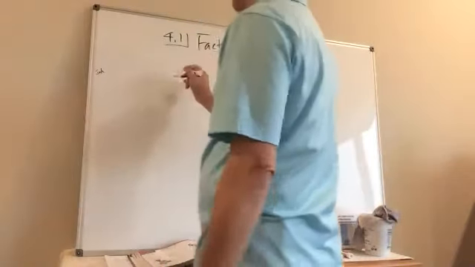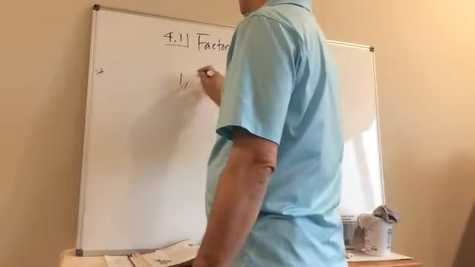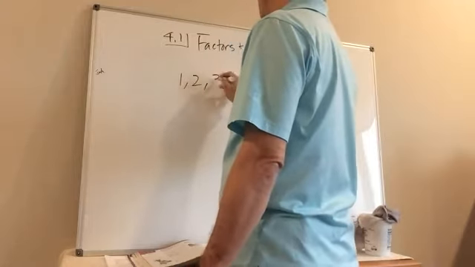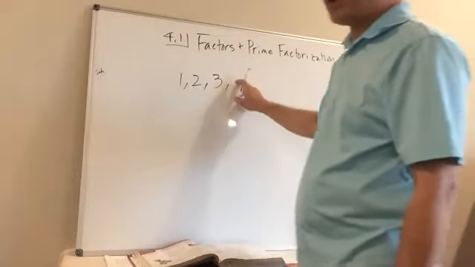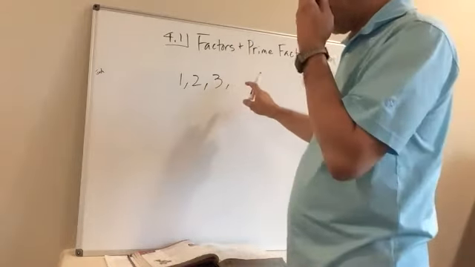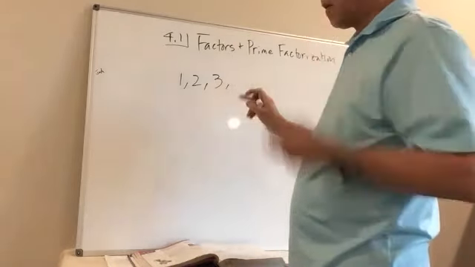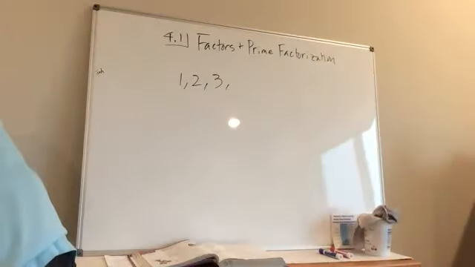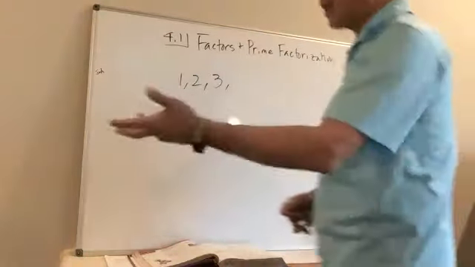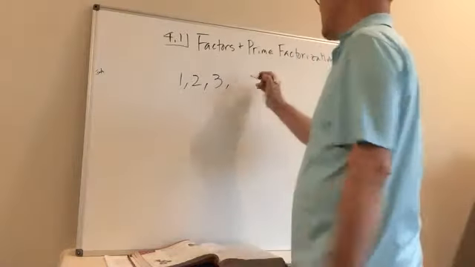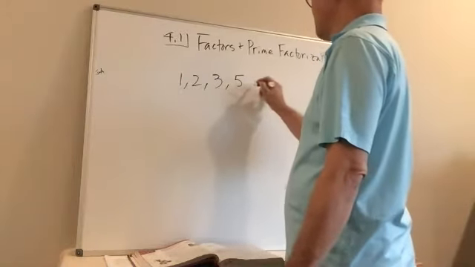So 1, 2, 3, is 4 a prime number? Can anybody tell me if 4 is a prime number or not? No. Why not? Because 2 times 2 equals 4. Correct. Great. So the next one will be 5, not 6.